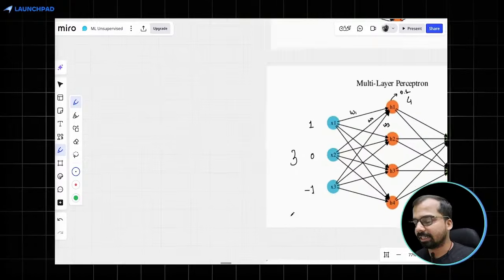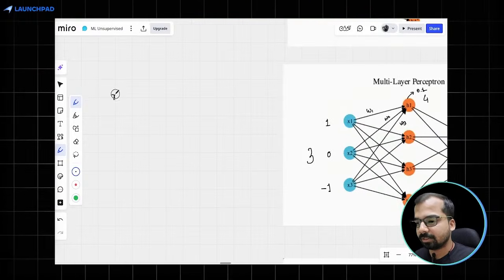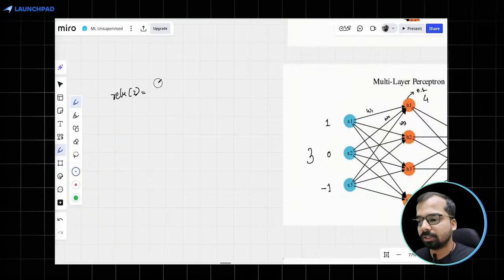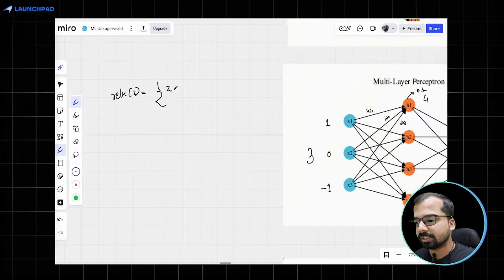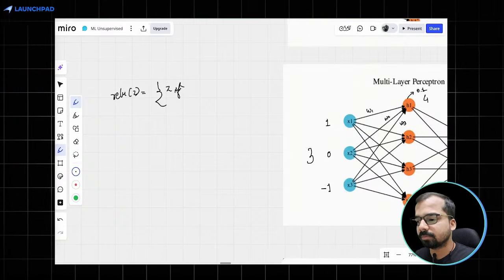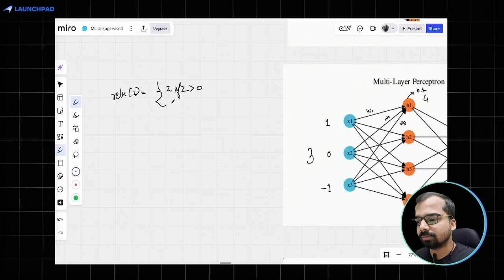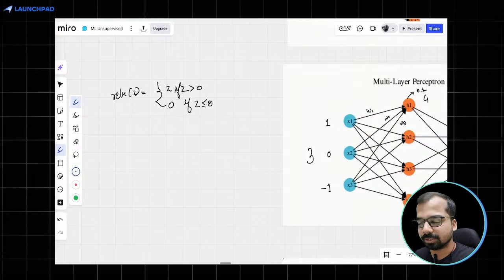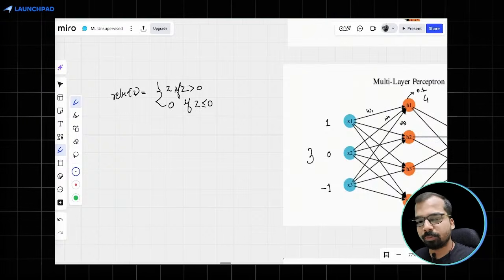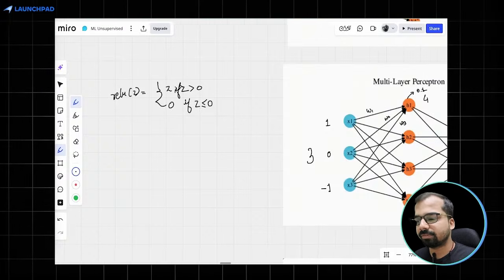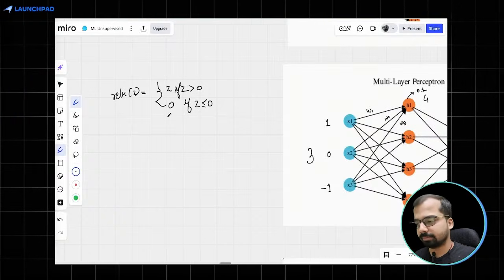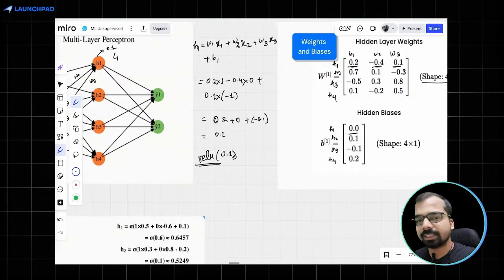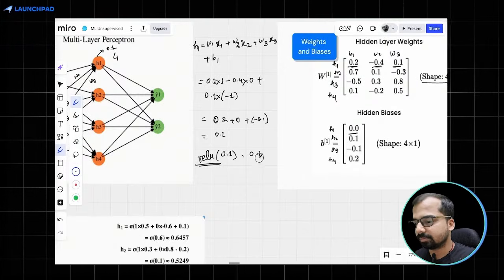The formula for ReLU of any input, let's call it Z, is equal to Z if Z is greater than 0, otherwise 0 if Z is less than or equal to 0. So the output is the same as the input if the number is positive, otherwise it is 0. So ReLU of 0.1, since it's greater than 0, will be equal to 0.1, right?